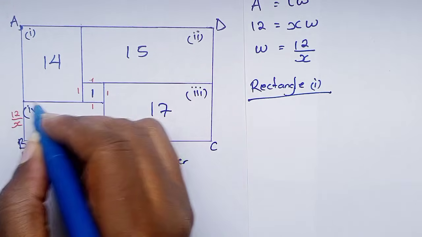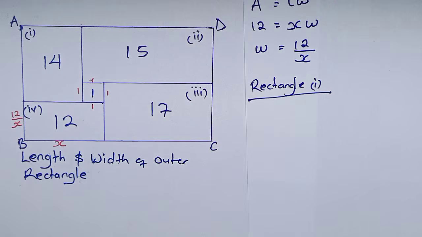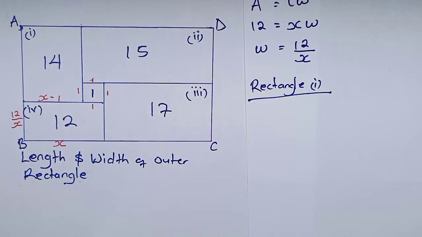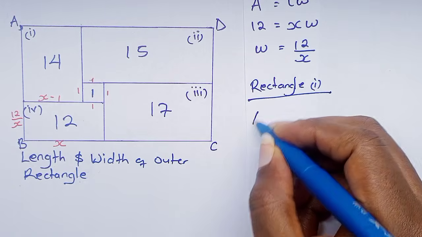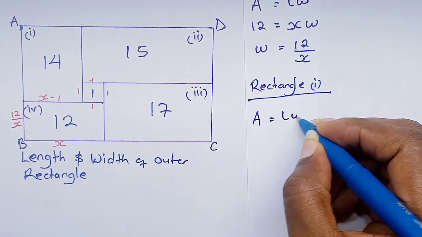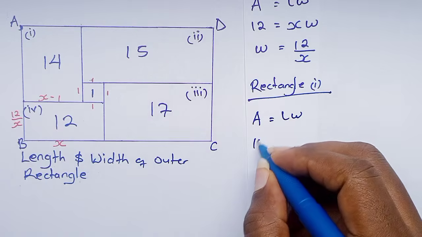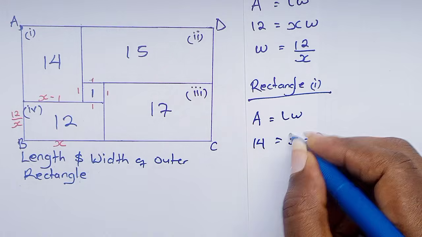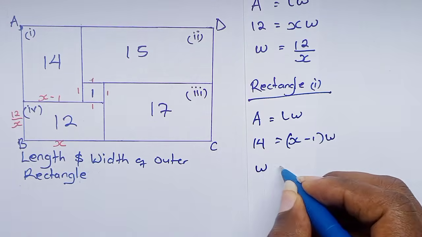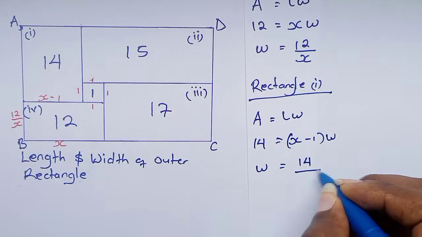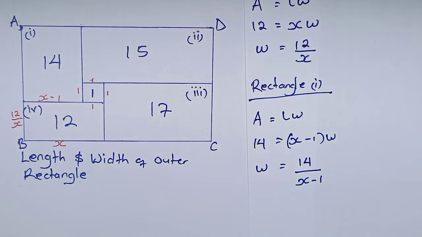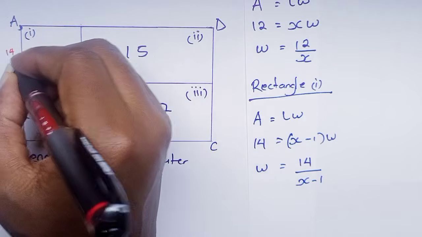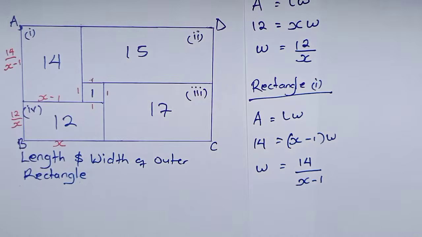So that implies that from here to here will be x minus 1. The area of a rectangle is length times width. We know its area is 14, which is equal to the length, x minus 1, times the width, which we don't know. So w will be equal to 14 over x minus 1. So from this point to this point is 14 over x minus 1.